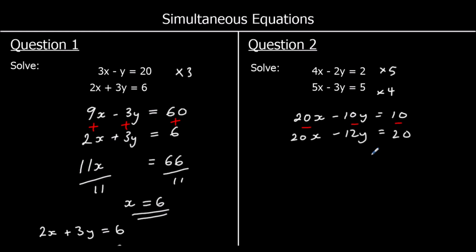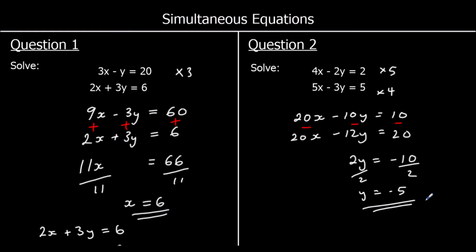When we take away a negative, we go up. So it's negative 10y plus 12y, which is 2y. And 10 take away 20 is negative 10. So 2y is equal to negative 10. Divide both sides by 2. So y is negative 5.